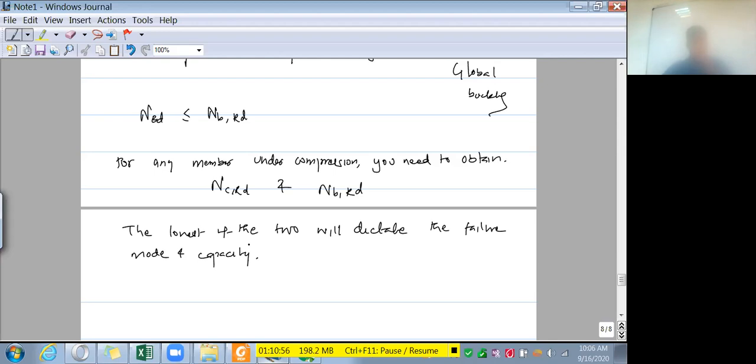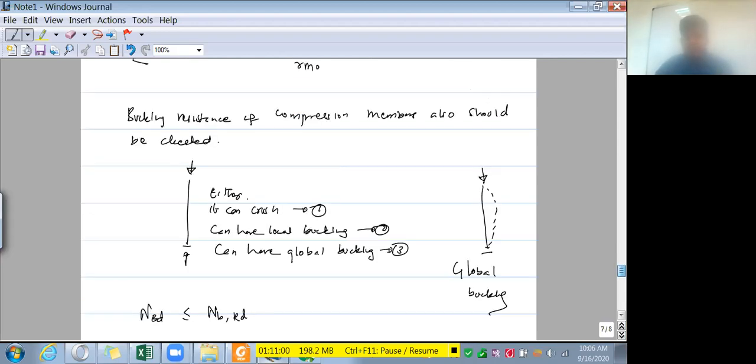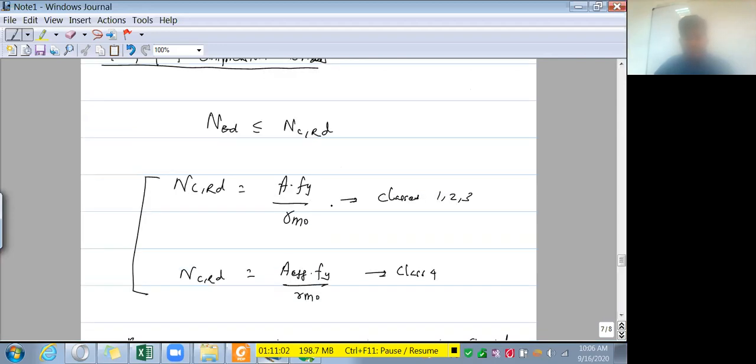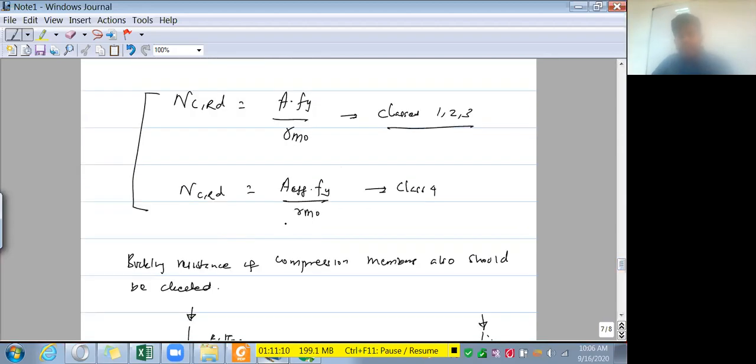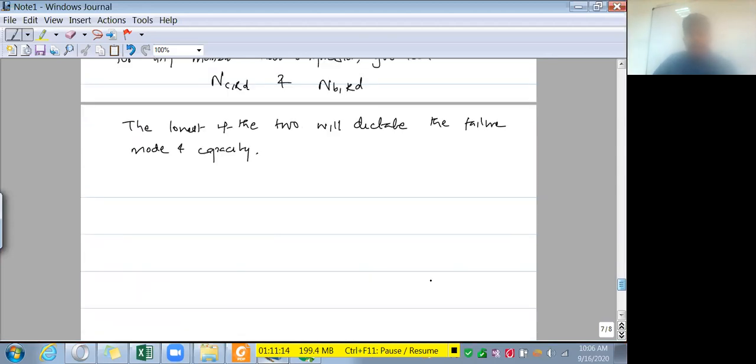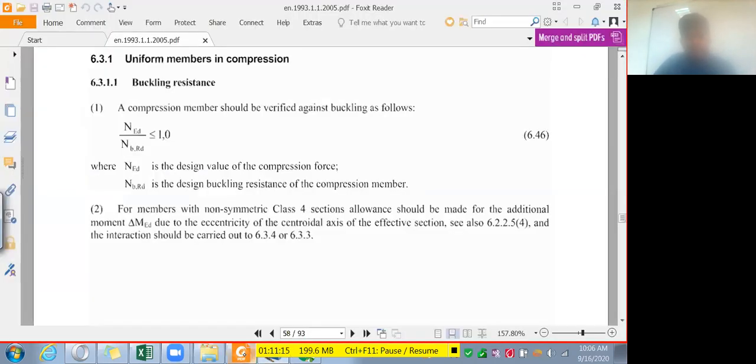So you need to obtain these two. NCRD you can obtain very easily from these equations. You get the gross area A times Fy over gamma M0 for classes 1, 2, and 3, and A effective times Fy over gamma M0 for class 4. But NBRD is obtained from design buckling resistance.